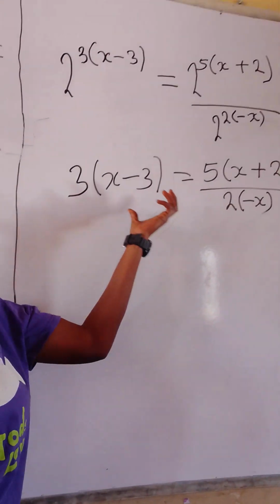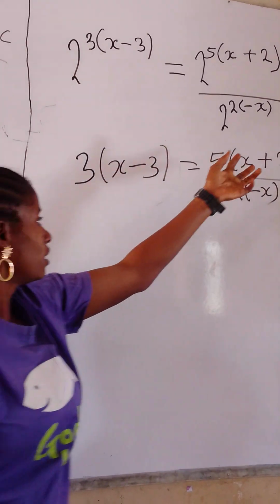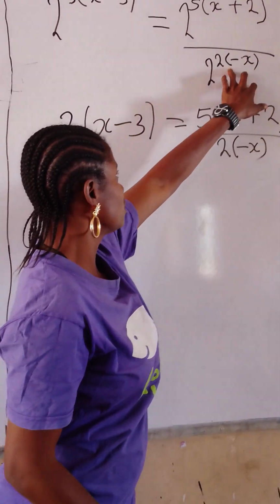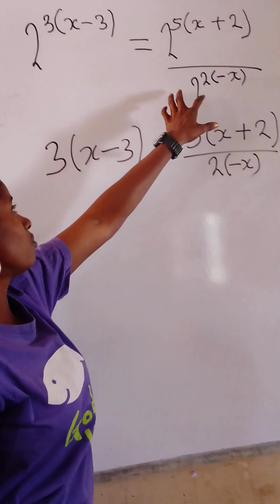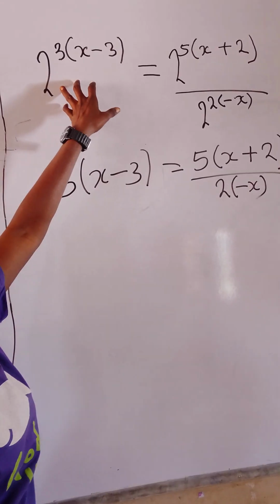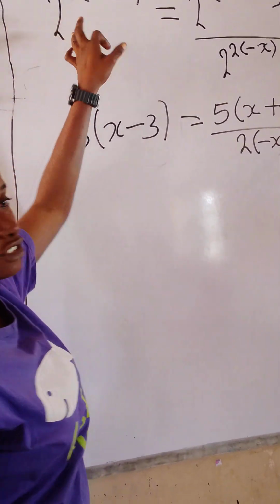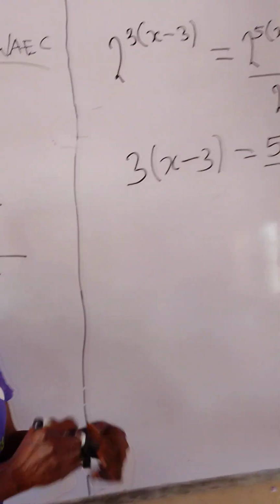This one that you are seeing represents this power, this is from this power, and this last one is from this one that we got. Because in indices, you don't work with these ones again, since you've already cancelled them.